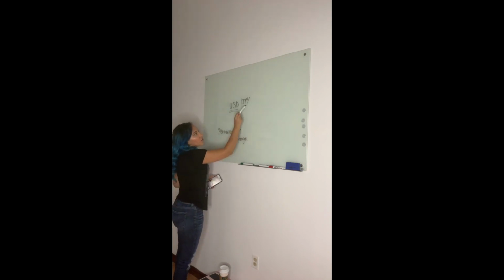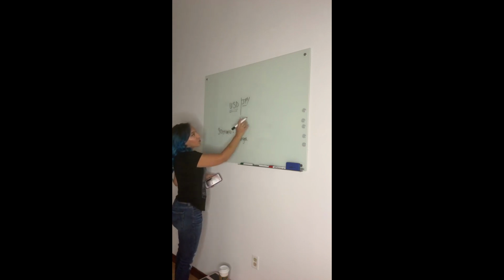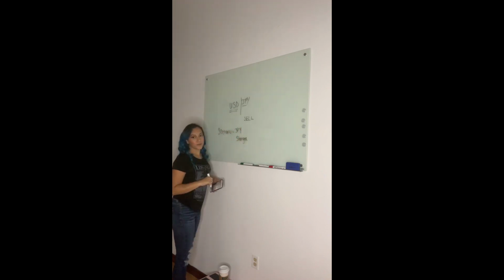So if this is the stronger currency and it's on the right side, that means it's stronger than the US dollar, hence making the US dollar weak. So if you were looking for opportunities and the yen is stronger than the US dollar, then you're going to be looking for sell opportunities. Does that make sense to you?